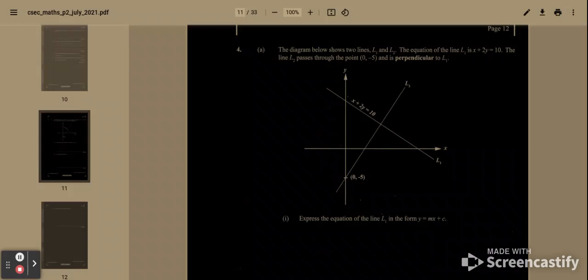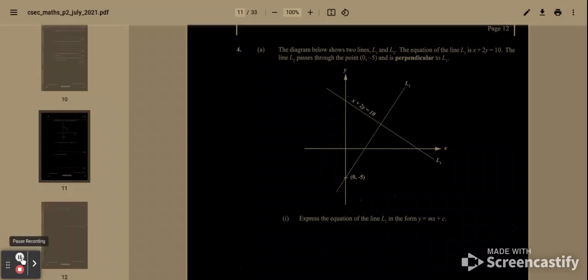If you realize the relationship between line 1 and line 2, they're perpendicular lines. And perpendicular lines, when their gradients are multiplied, the result is -1. And there are two criteria you have to use in order to determine their gradients.